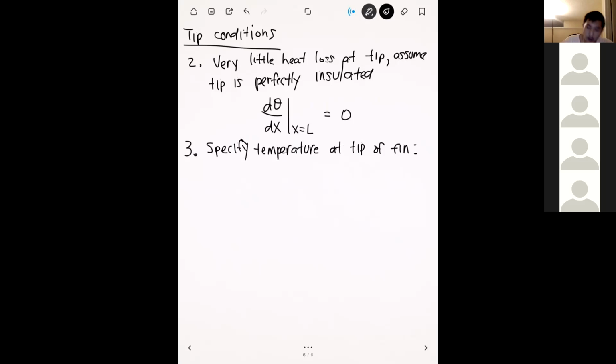Let's say that we have a temperature probe, or a thermometer, at the end of the fin, and from there we can just measure whatever the temperature is. Mathematically, it would look like this: theta, which is our temperature distribution, when we evaluate it at x equals L, gives theta L, whatever we measure.